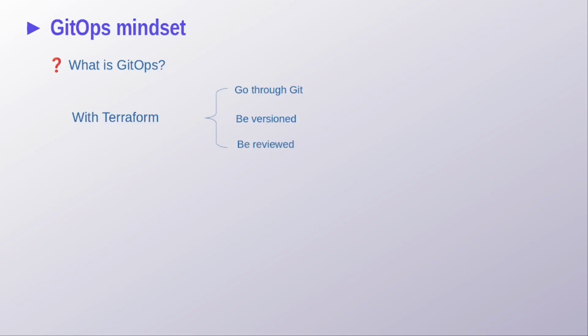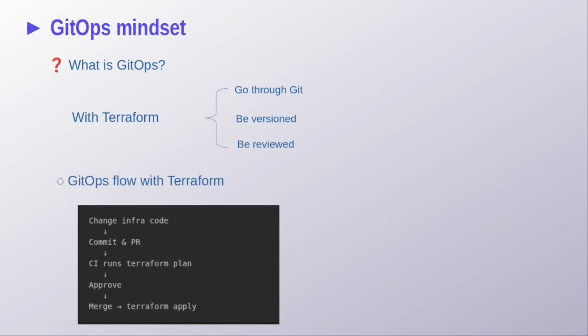Every change must go through Git, be reviewed, be versioned. GitOps flow with Terraform. The AWS console is for viewing, not modifying.